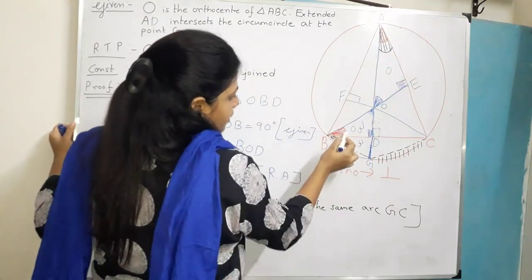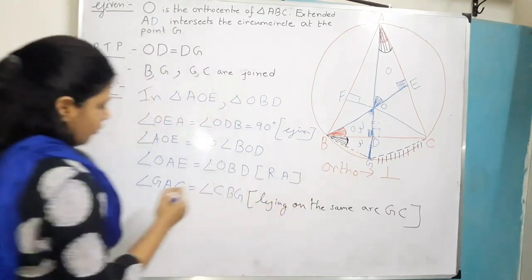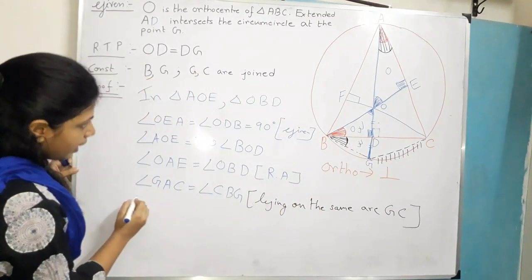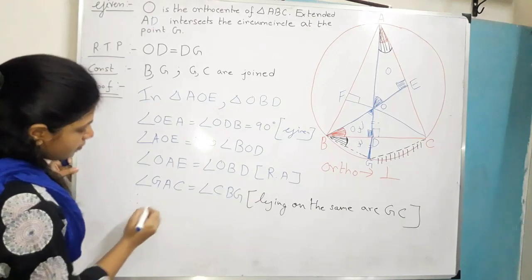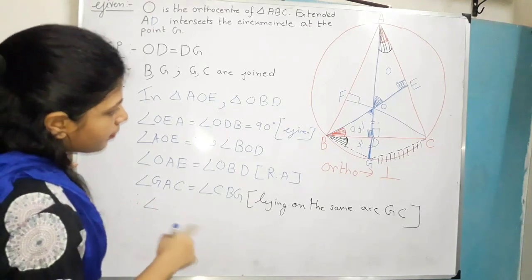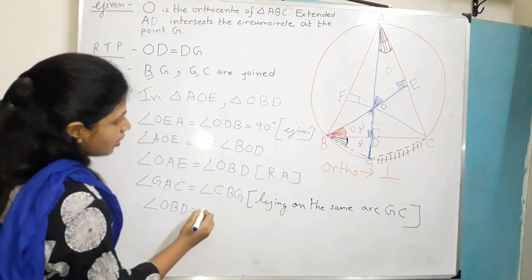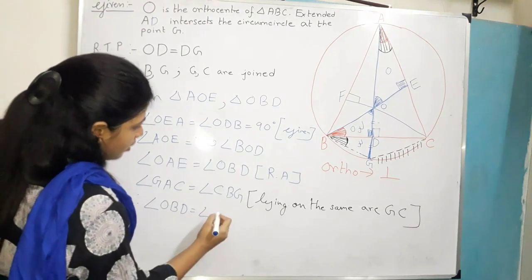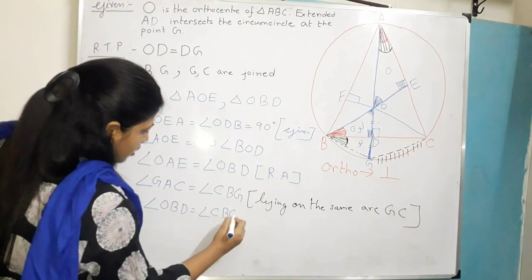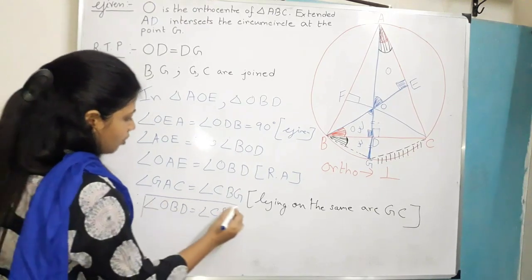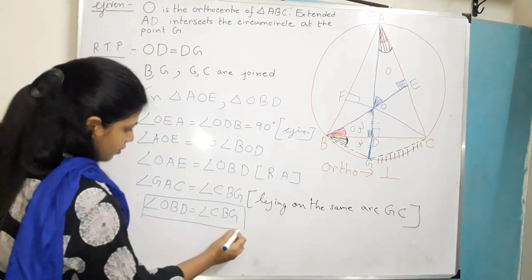So we can say that both of them are equal. Therefore angle OBD equals angle CBG. Till now we have found this.